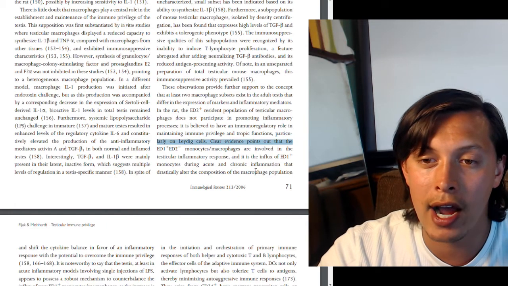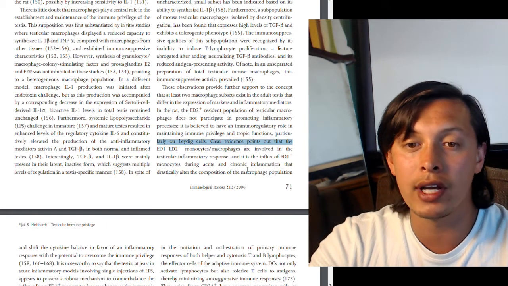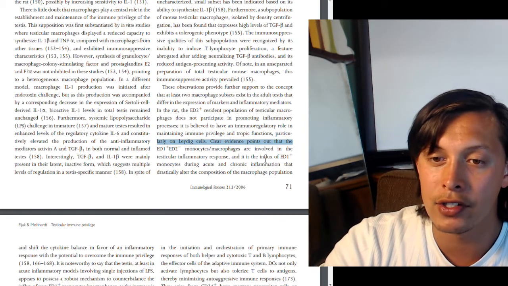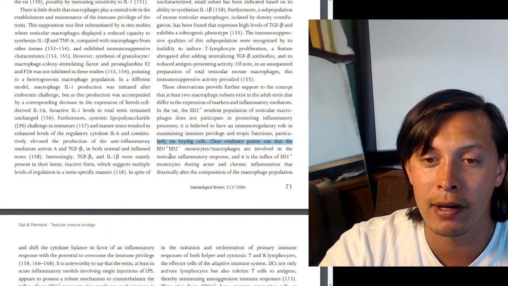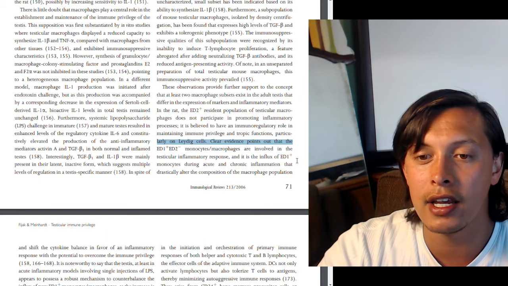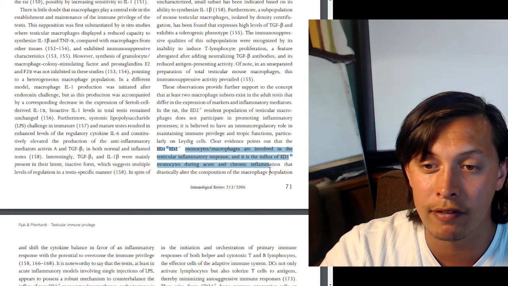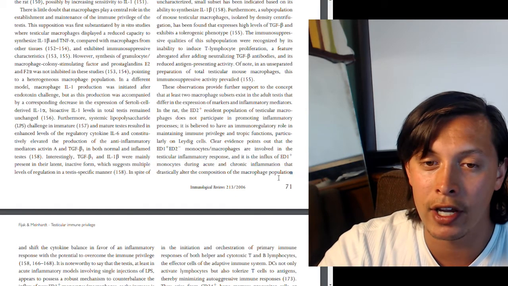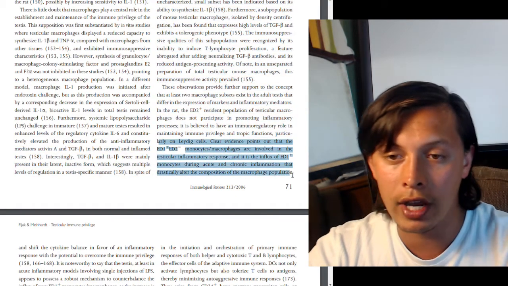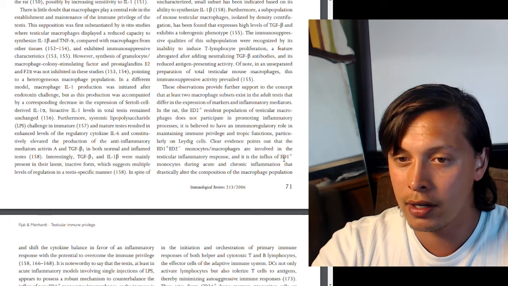Clear evidence points out that the ED1 positive, ED2 negative monocytes and macrophages are involved in the testicular inflammatory response, and it is the influx of ED1 positive monocytes during acute and chronic inflammation that drastically altered the composition of the macrophage population.